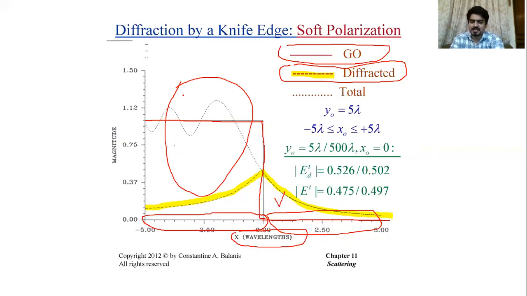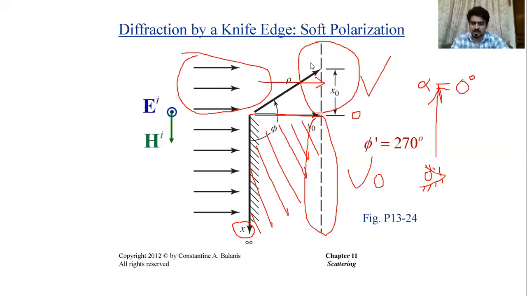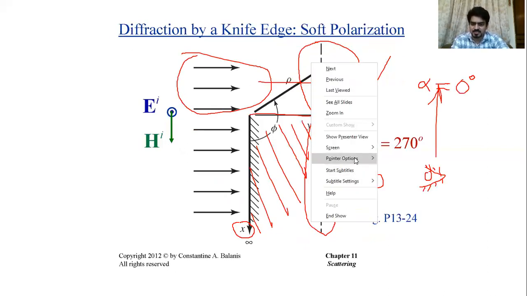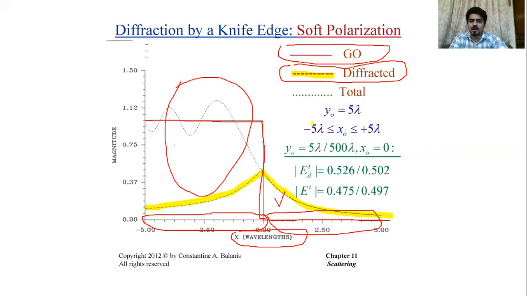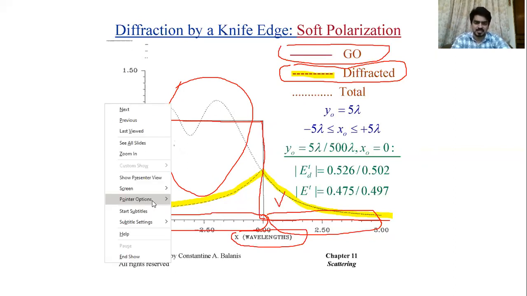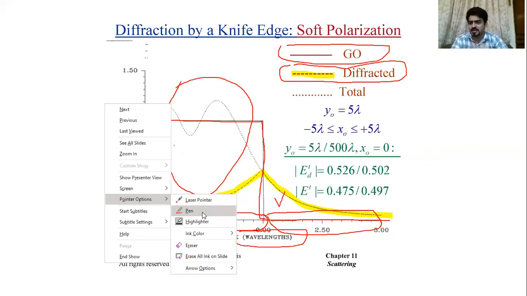In this region, for negative values of x, there are direct fields received, as well as the diffracted fields, and because of that they will create constructive and destructive interference with respect to each other.